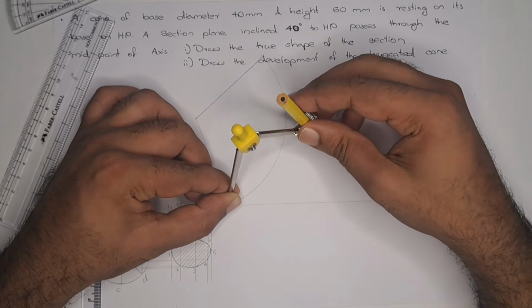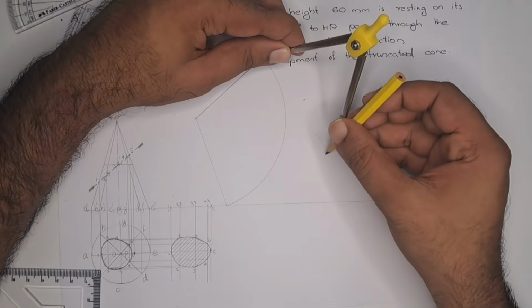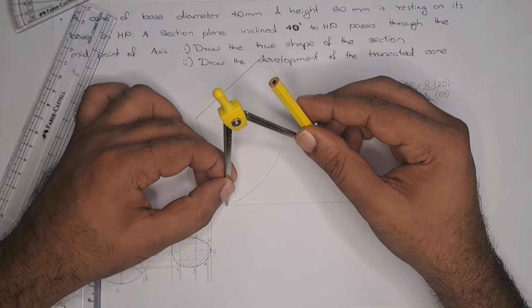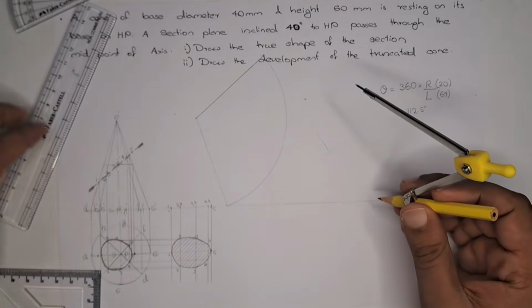So we draw an arc over here and point out another arc. We get the first line.